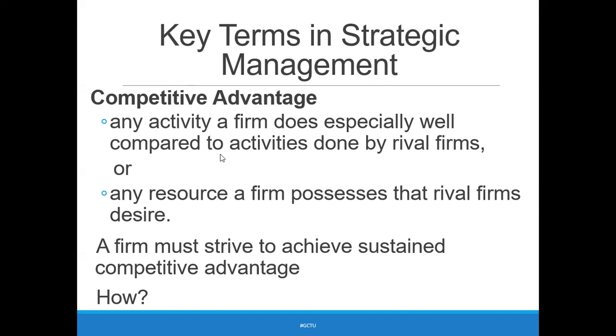So simply put, any activity that a firm does especially well compared to its rivals can be discerned as a competitive advantage for the firm. And in this pursuit, it may also take the form of the firm having resources or possessing resources that its rivals will struggle to also possess.